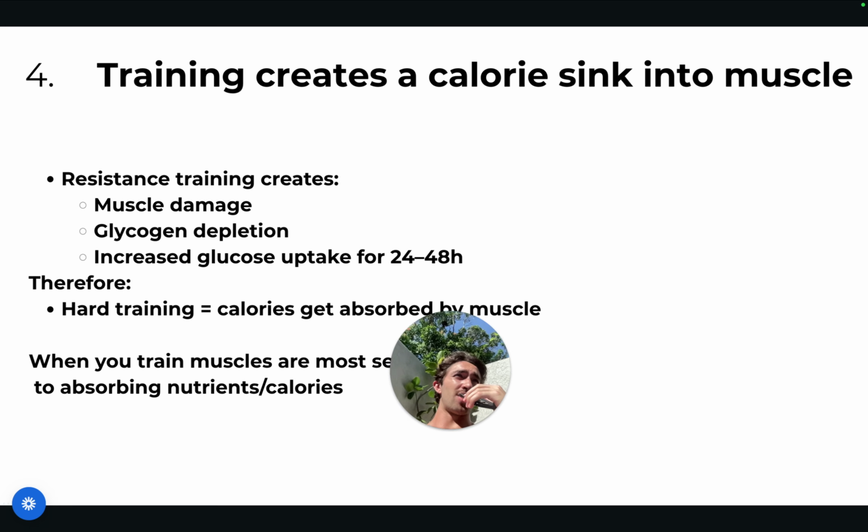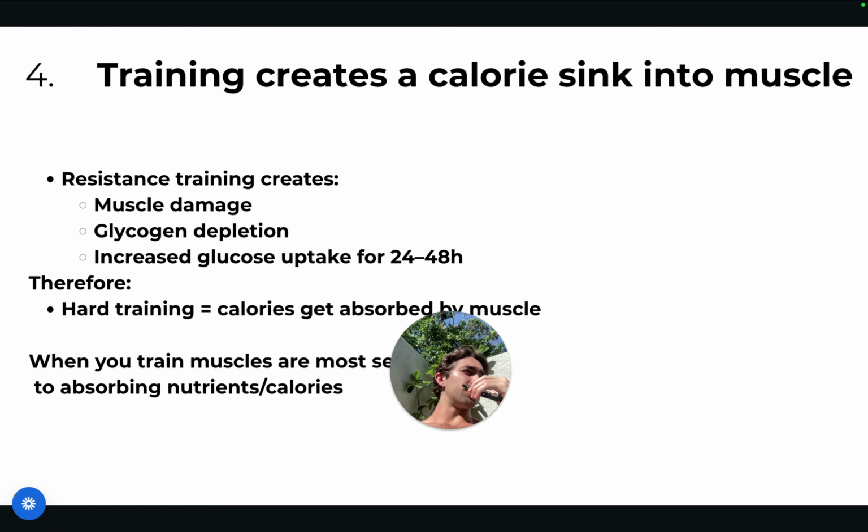Instead, let's say you have most of your nutrients when you're not training, like you don't lift for 3 days. There's no calorie sink into the muscle because there's been no contraction and there's no demand for muscle growth, right?